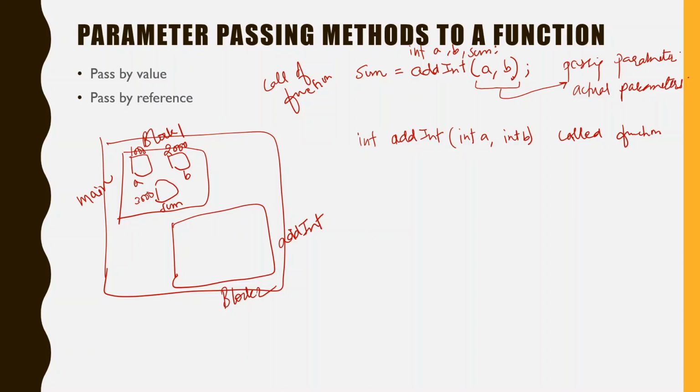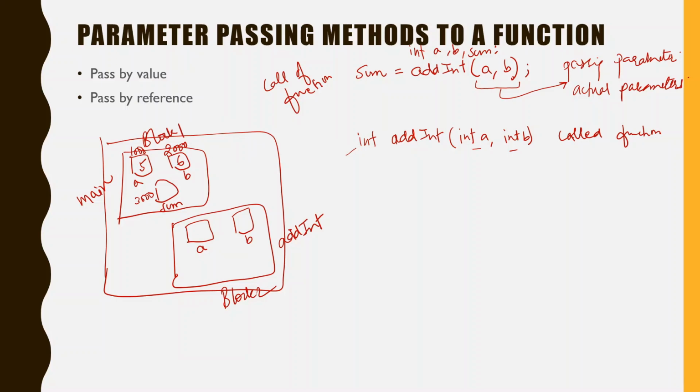Now we also saw that a equals 5 and b equals 6. As soon as this call is initiated, it also creates an a and a b because of these statements.